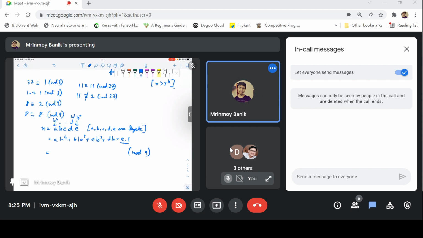So if we take mod 9, it will be a number between 0 and 9. So e will be e. Then 10 times d will be congruent to d since 10 is congruent to 1. So 10 squared is also congruent to 1 and 10 cubed is also congruent to 1. So you see this is just congruent to the digit sum.